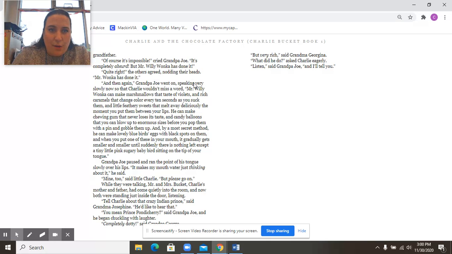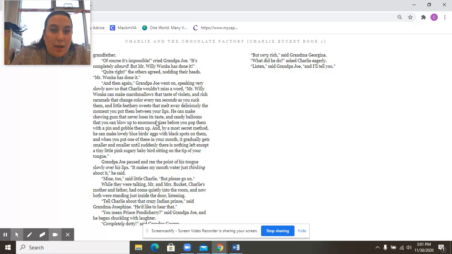"And then again," Grandpa Joe went on, speaking very slowly now so that Charlie wouldn't miss a word, "Mr. Willy Wonka can make marshmallows that taste of violets and rich caramels that change color every 10 seconds as you suck them. The little feathery sweets that melt away deliciously the moment you put them between your lips.